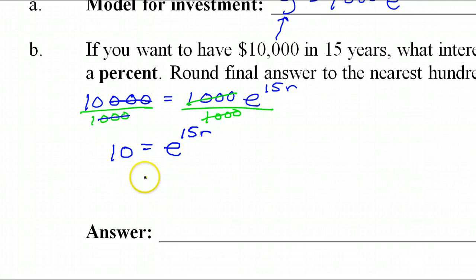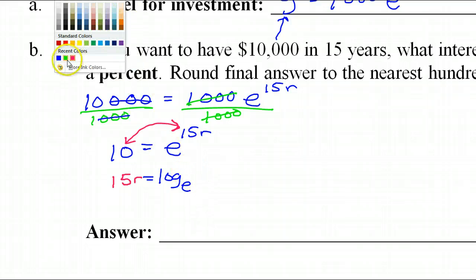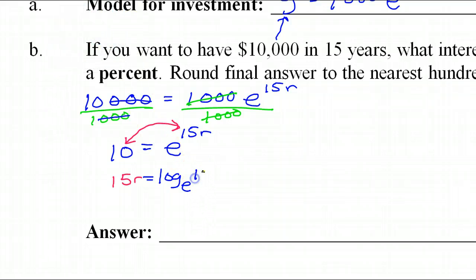Hopefully by now, we've done this so many times that you definitely see that we are doing log form right now. So log, you start with a base here, so this is log base e, and then these other two things are going to switch sides. So the 15r is going to come over here, and the 10 is going to come over here.